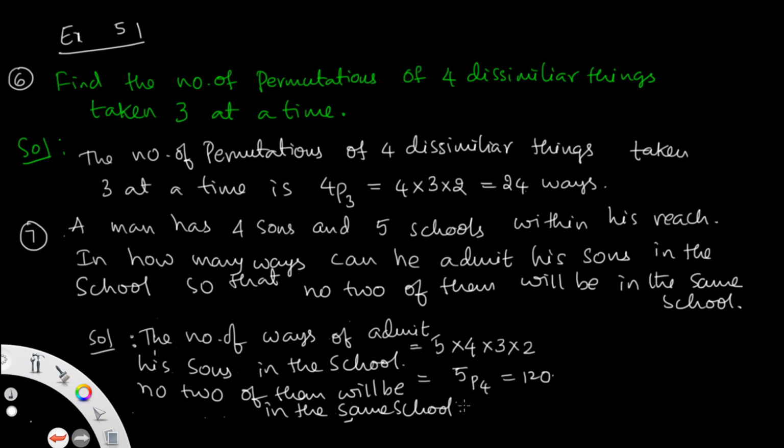That is 5P4, which is nothing but 5 × 4 × 3 × 2. This is the simple thing.